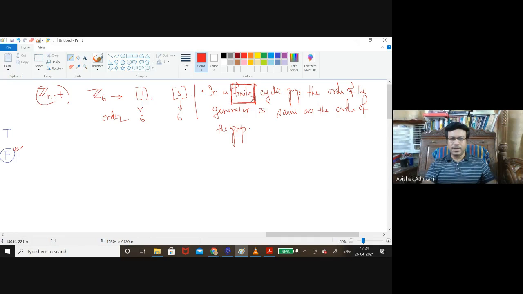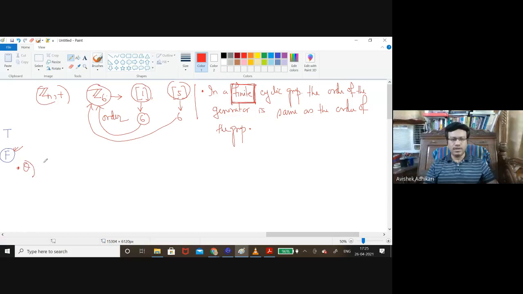Is the statement clear? For a finite cyclic group, the order of a generator is the same as the order of the group. For example, this is a finite cyclic group of order n, here n is 6, and the orders of the generators are all 6, the same as the order of the group.